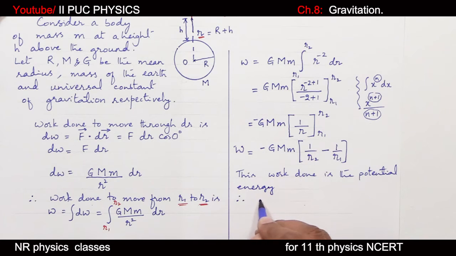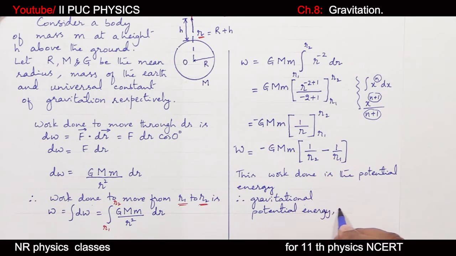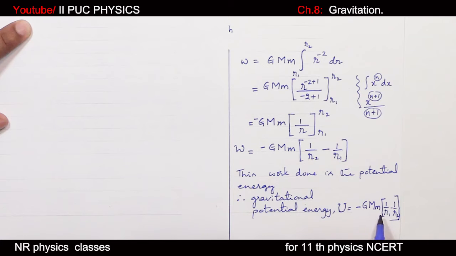Therefore, gravitational potential energy, let us denote it by U equal to minus GMm into 1 by R1 minus 1 by R2. Okay. Now let me continue with this equation.